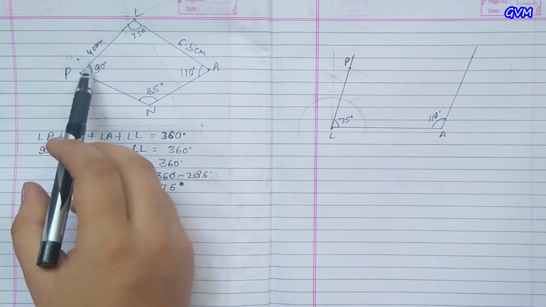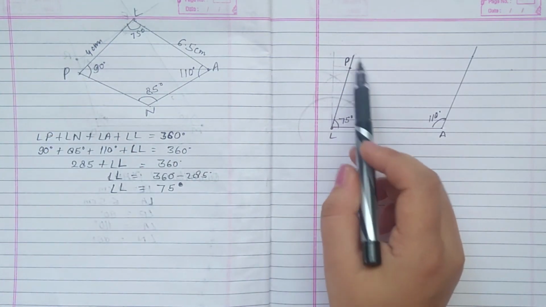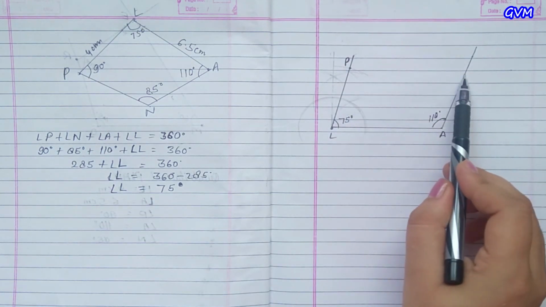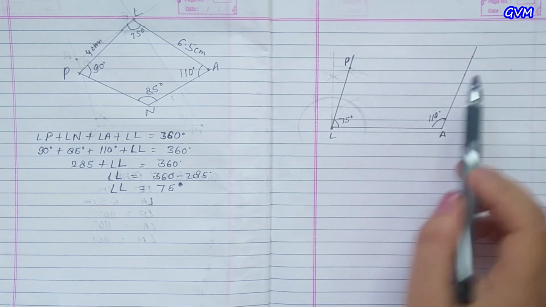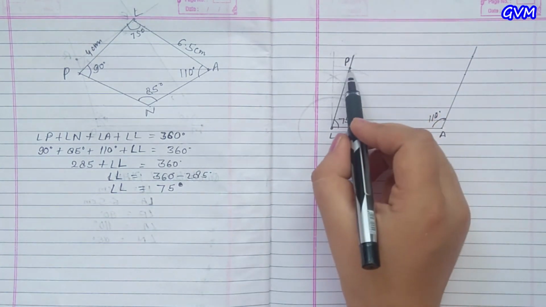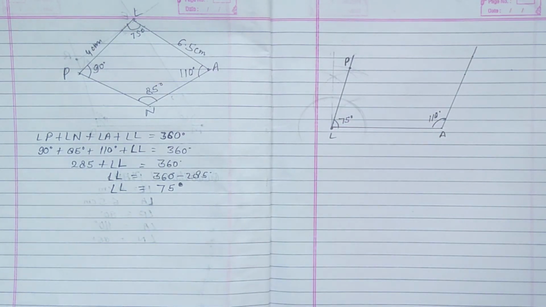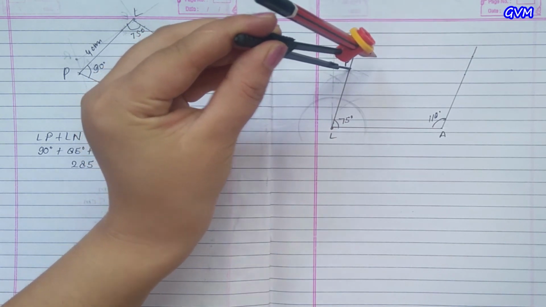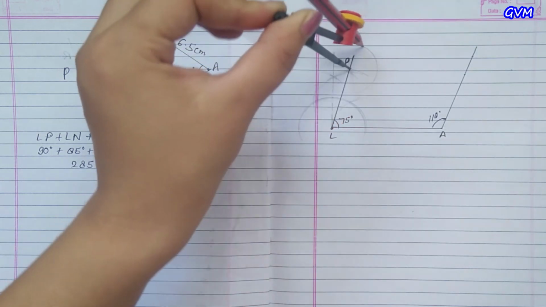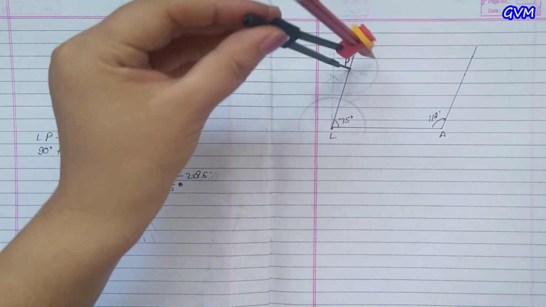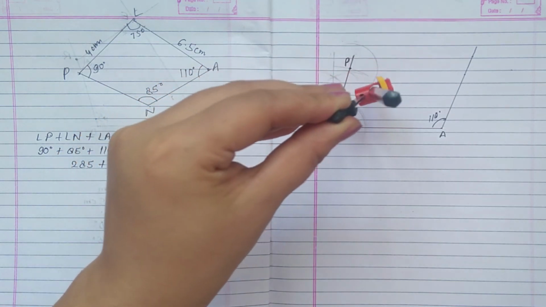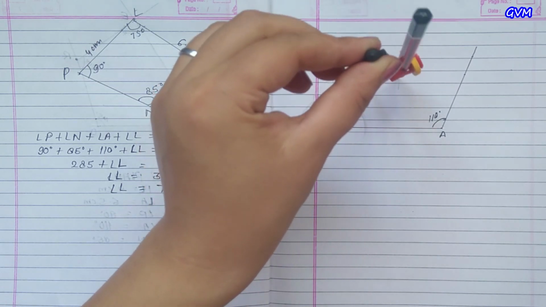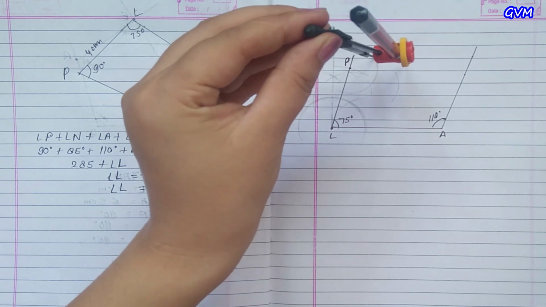Okay, now we will do one more thing: we will make a 90-degree angle, and the line that makes 90-degree on this P will lead to the intersecting point of these two lines that will give us the point N. Okay, so we will make a 90-degree angle on P. So take the compass and put the needle at P. Now mark an arc. Okay, now from here 60, 120, and the intersecting of these two above.